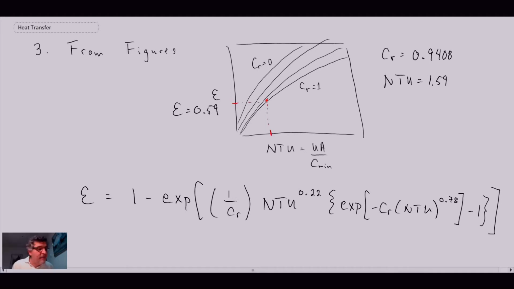You get that big long equation, but you know everything in it: you know CR and NTU, so you can directly evaluate. When you plug the values in, we get the effectiveness 0.58196, which is in pretty good agreement with what we get off the chart. I'm just going to take the 0.59 and continue calculating. I should use the 0.58, but I'll use 0.59, not a big deal, because they're so close.